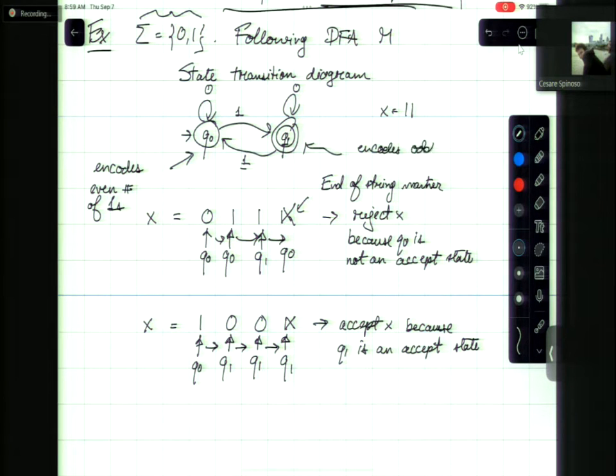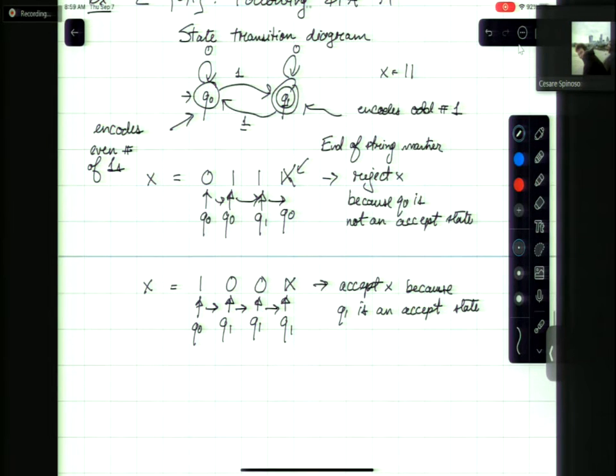odd number of 1s. And because the only accept state is Q1, which encodes strings that have an odd number of 1s, then that means that the language accepted by M, which is denoted this way, so this is the language accepted by M, it's going to be a language, right?